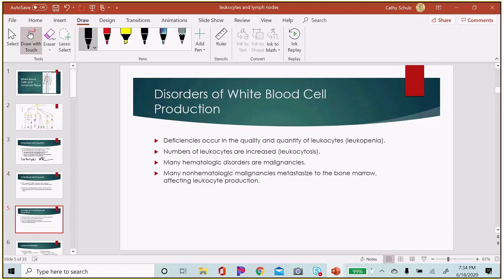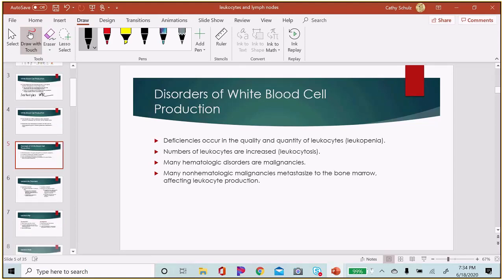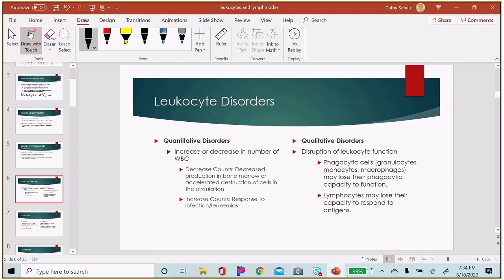You can have a disorder of white blood cell production in terms of quantity, if there's too much or too little available, or quality. One of the leukocyte disorders could be a quantitative disorder, in that there is an increase or decrease in the number of white blood cells.